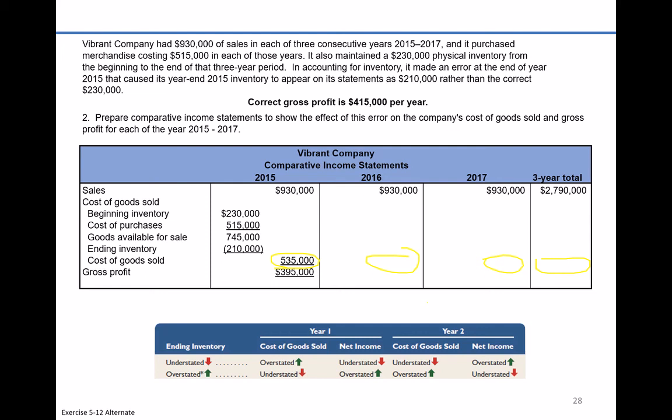When ending inventory is understated, we're saying that we must have expensed out more than we should have, so cost of goods sold becomes overstated.